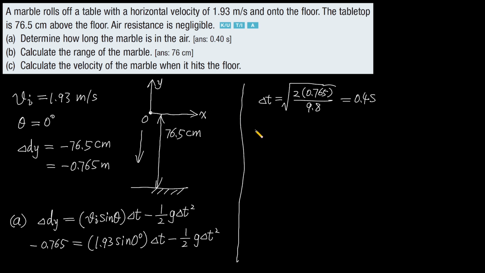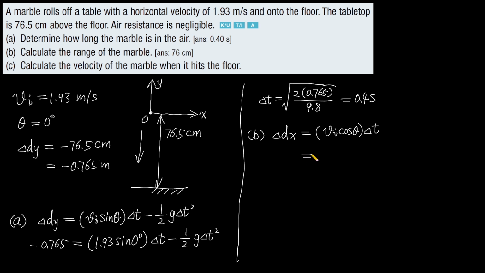Then for question B, it asks for the range of the marble. The range is just the horizontal displacement. We have this formula. The horizontal displacement equals the initial velocity multiplied by cosine theta multiplied by the time interval delta t.